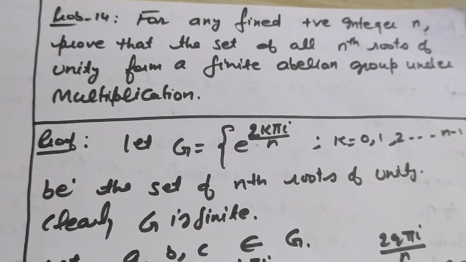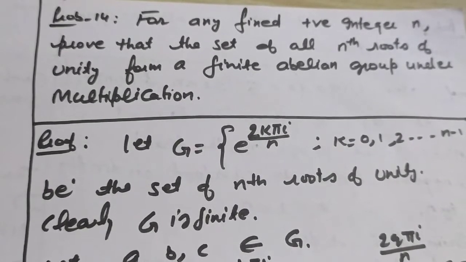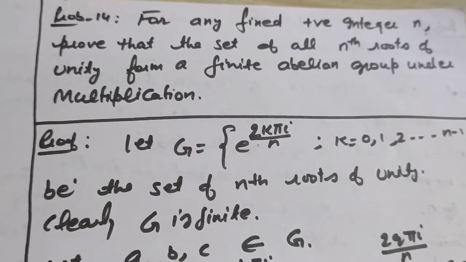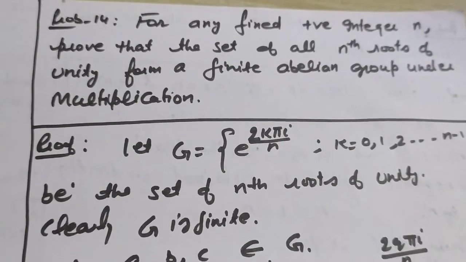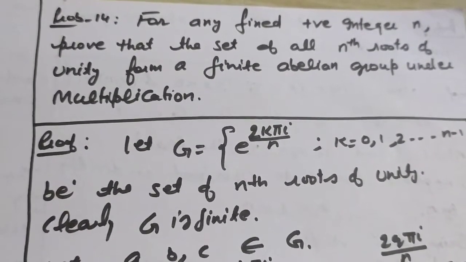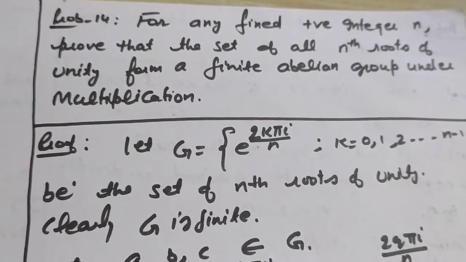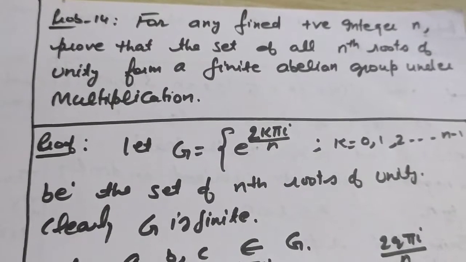Students, in your earlier class, that is in 11th class, you have learned about the nth roots of unity. If you might have remembered, the nth roots of unity means the power 1 by n of 1.